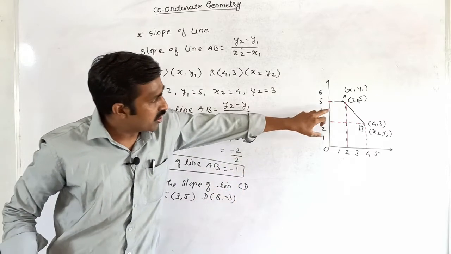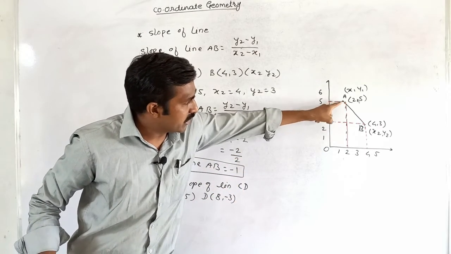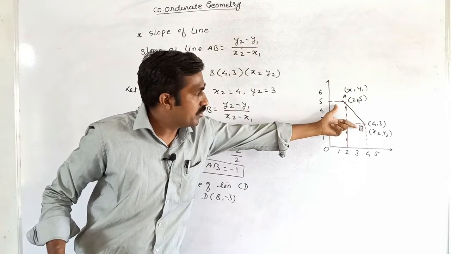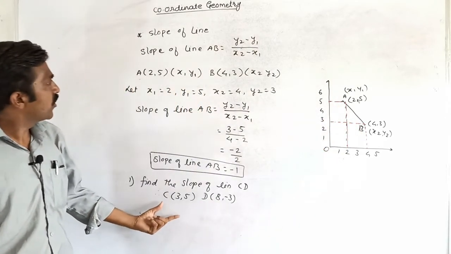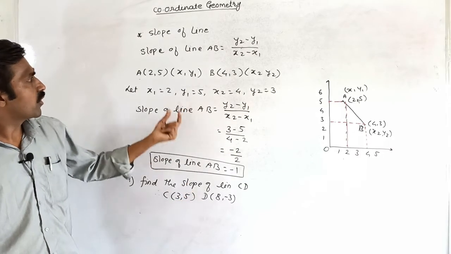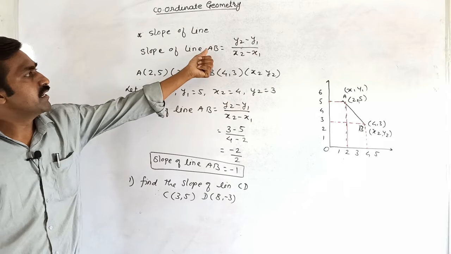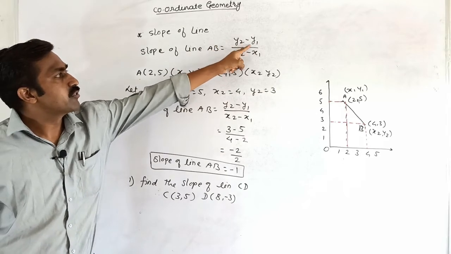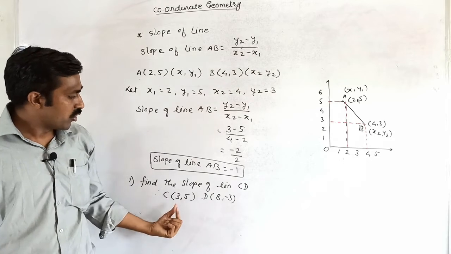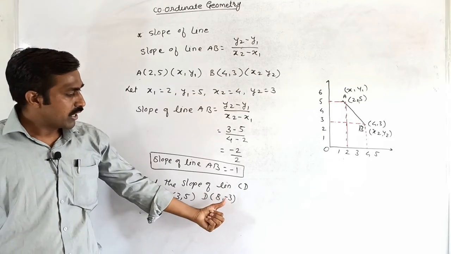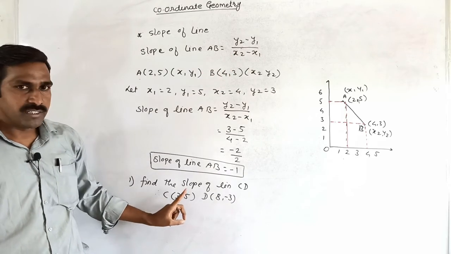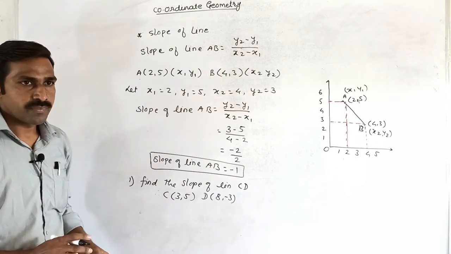Your formula is: slope of line CD is equal to (y2 minus y1) divided by (x2 minus x1). Put the values of x1, y1, x2 and y2 in that formula and you can calculate the slope of line CD. Thank you.